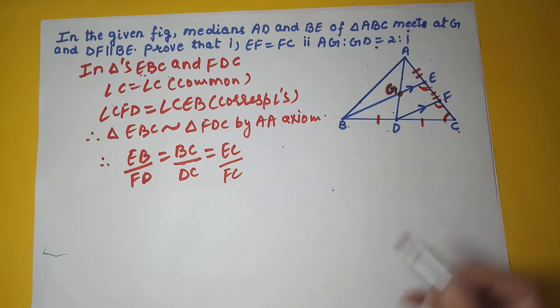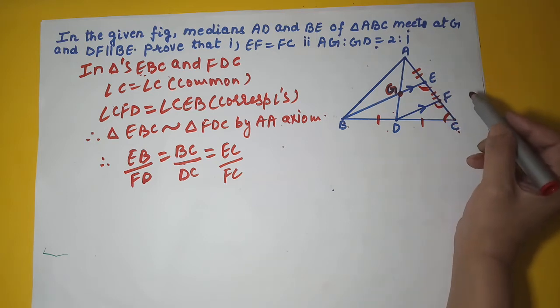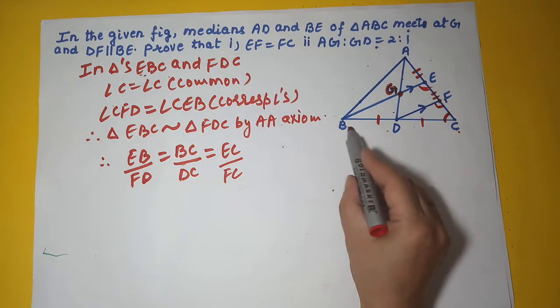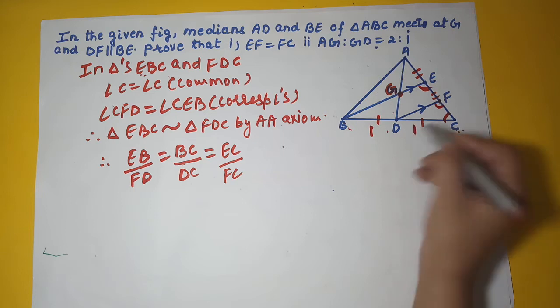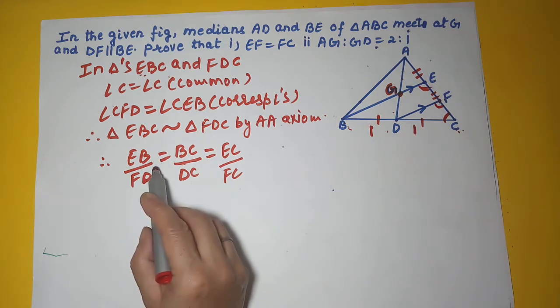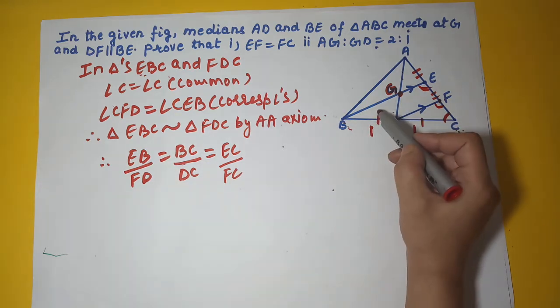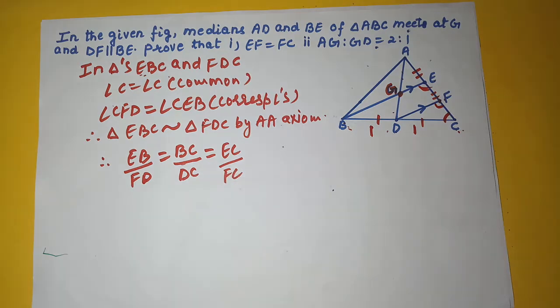So EF and FC. We will use BD and DC because we know that D is the midpoint. So this is 1:1. So we will take EC by FC and BC by DC.